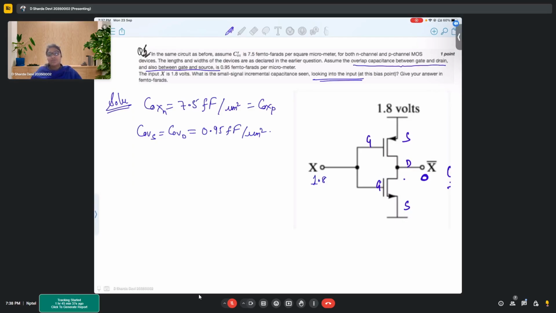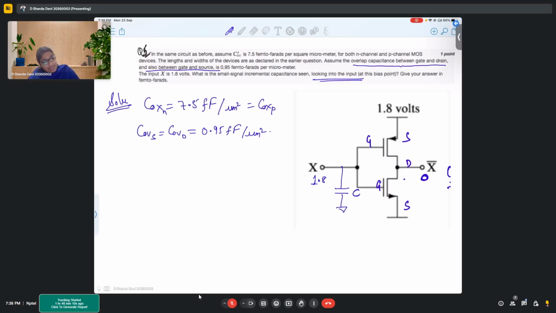VDS is 0 means there won't be any capacitance present other than the zero bias junction capacitance. But here in this problem, what is asked is the gate source capacitance that will appear on the input side. So at this point, what is the capacitance that you would find? This is something that you need to find out.